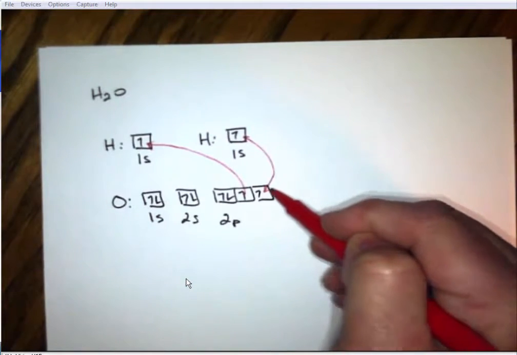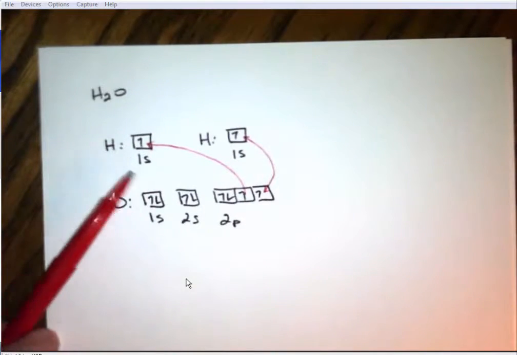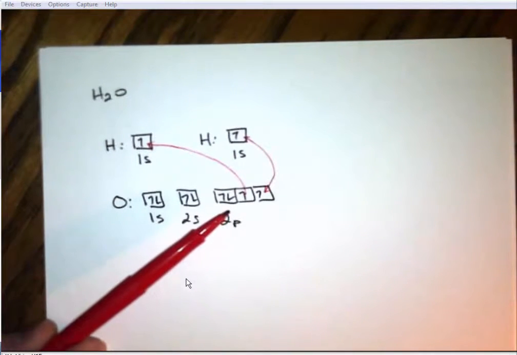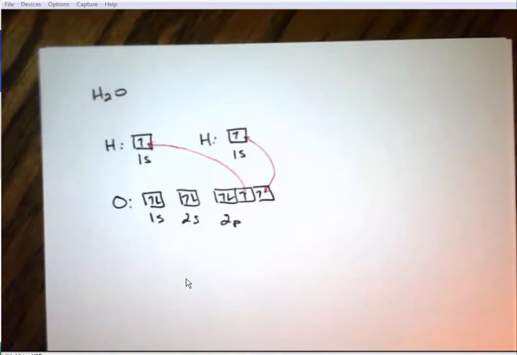The problem is that when you share them, you're not only sharing electrons. We can't just move the electron out of here and put it down there, or move it out of here and put it up there. They're sharing, and they're not just sharing the electrons, they're actually sharing the orbitals.